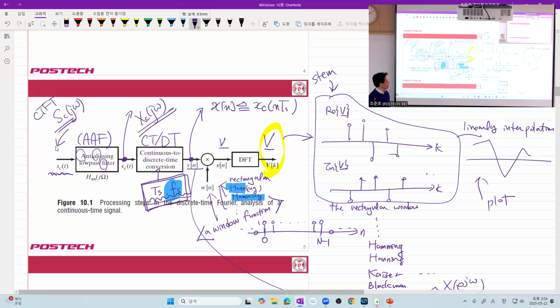So there is no rule to choose one window over the other, and you will see why. But most of the windows listed here are time limited. Even if the describing function is not time limited, usually this window function itself is a function or a sequence multiplied by a rectangular pulse. So it's time limited. Got it?